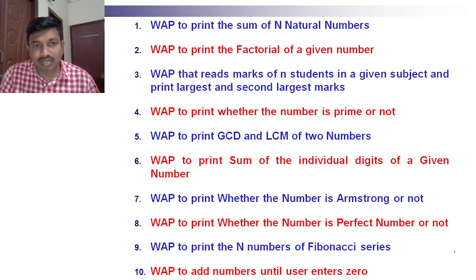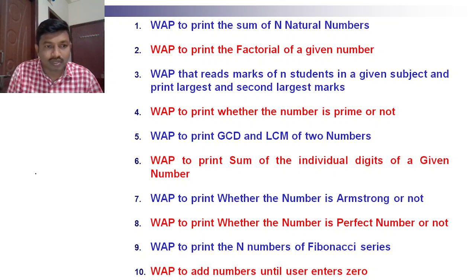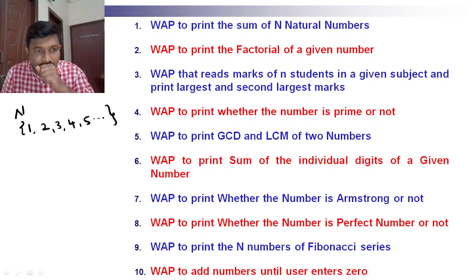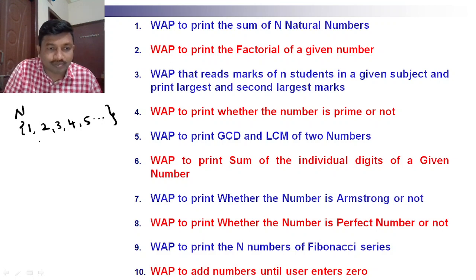The first program listed here is to print the sum of the n natural numbers. Normally we represent the natural numbers with n, and the natural numbers can be represented as 1, 2, positive integers, and so on, all are natural numbers. So I would like to do this sum. How can I do that?